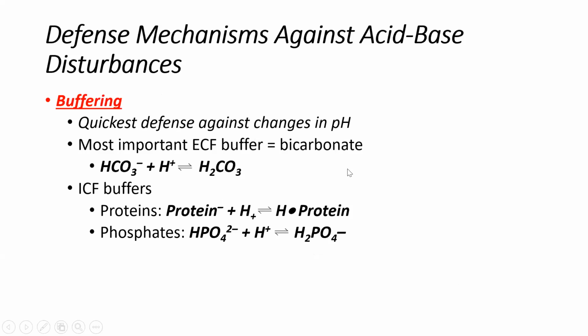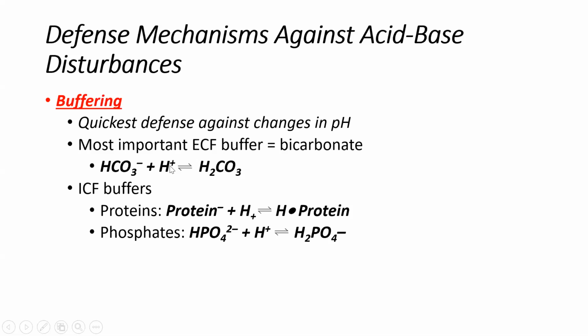And remember, a buffer is a solution that resists a change in pH. The reason that we call bicarbonate a buffer is because it is going to join with these hydrogen ions and create carbonic acid. And carbonic acid is not going to influence the plasma pH the same way that these hydrogen ions would on their own.